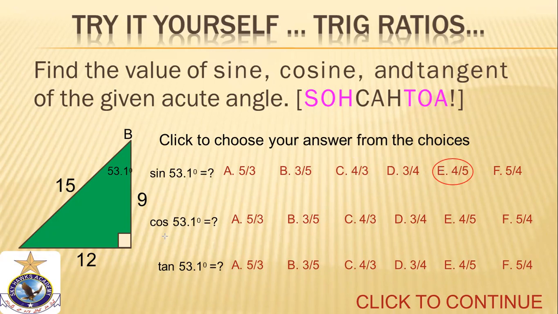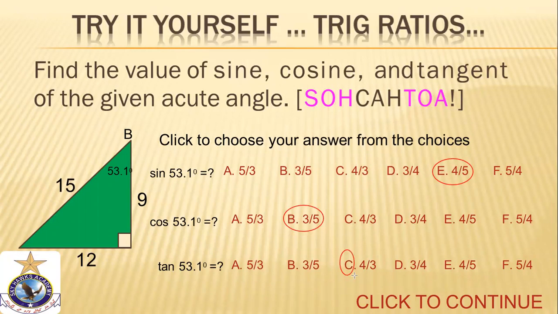I got 3 divided by 5, so 3/5 for that one. Last one is the tangent. It was opposite first, 12 divided by 9, 4 over 3. Okay, so that's C.